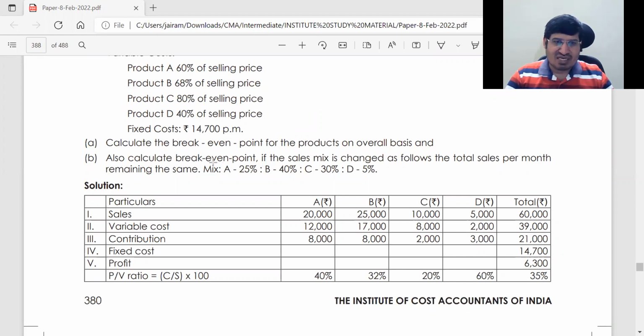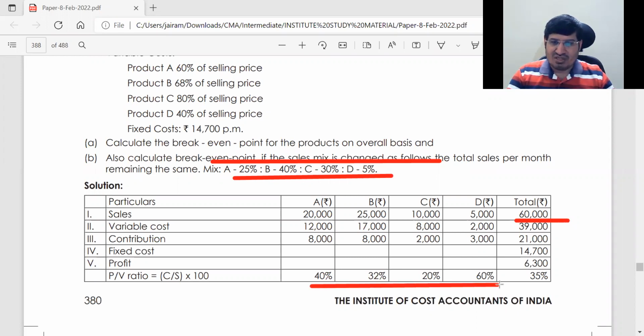And then what they have asked is to also calculate break-even point if the sales mix is changed. We have the total sales here, 60,000 already. Now just apply this sales mix, and you already have the PV ratio. If the mix changes, individual PV ratios will not change. So once you apply 25%, 40% and so on to 60,000, you will get different sales, of course.